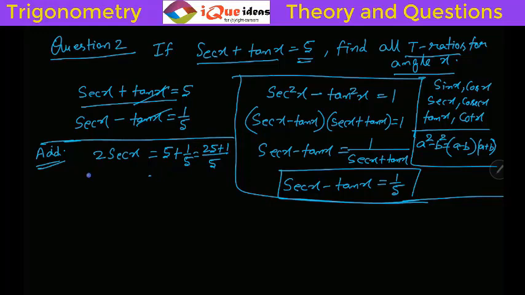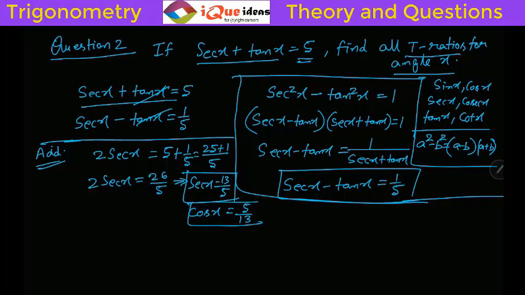So 2 sec x is equal to 26 by 5. If you divide by 2, you get sec x is equal to 13 by 5, right? So from there you can directly see that cos x will be inverse of that, that is 5 by 13. From here itself we can find the other ratios, okay?